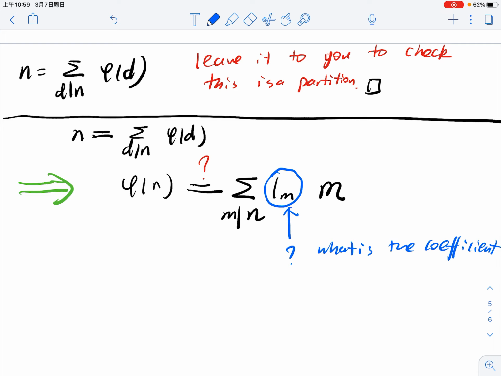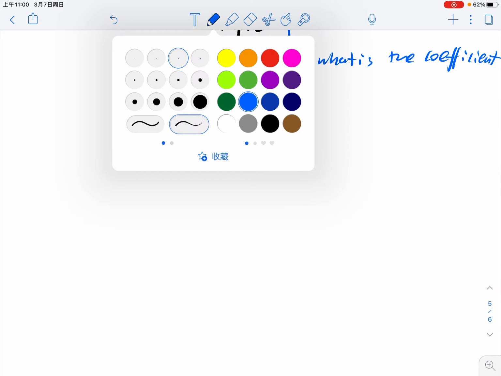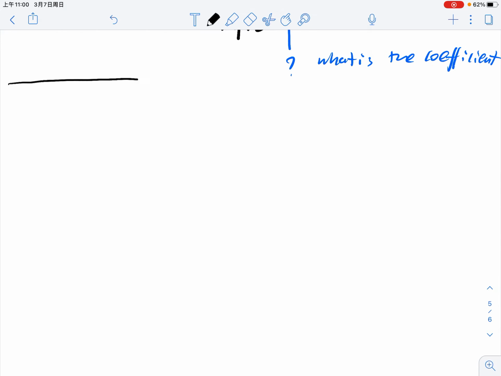Okay, so this leads to a very interesting stuff called the Mobius inverse function, which is a very useful tool in combinatorics. So we first do this for subsets. Later on, we can generalize it to all the poset, or the set with partial orders.